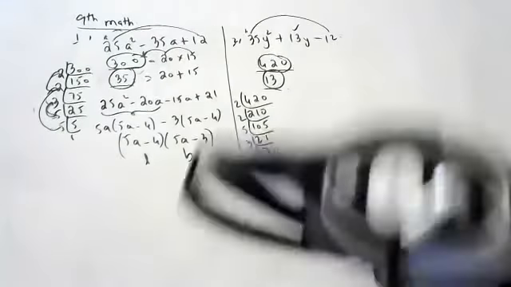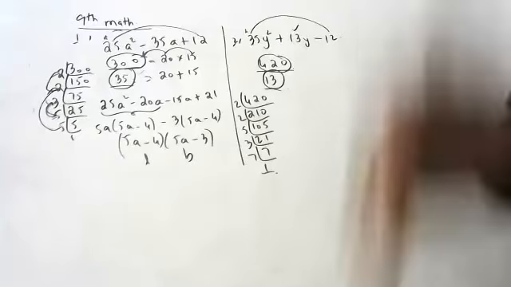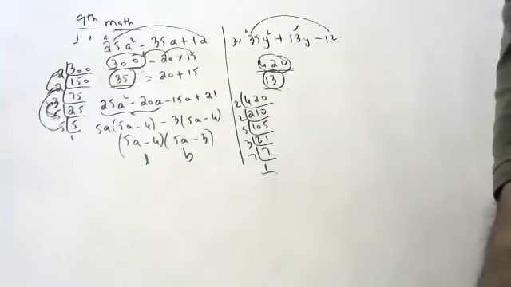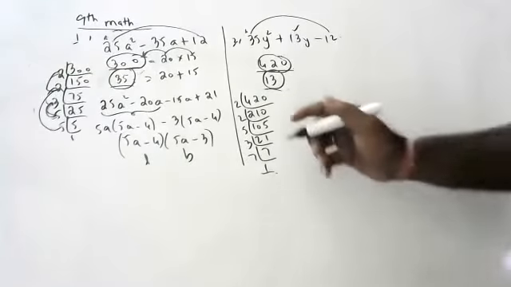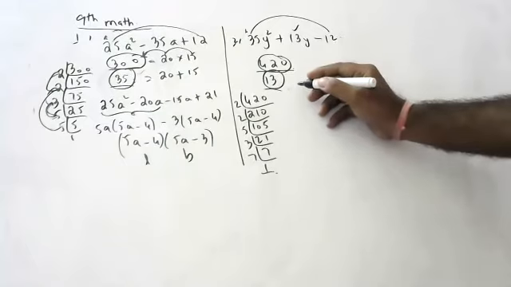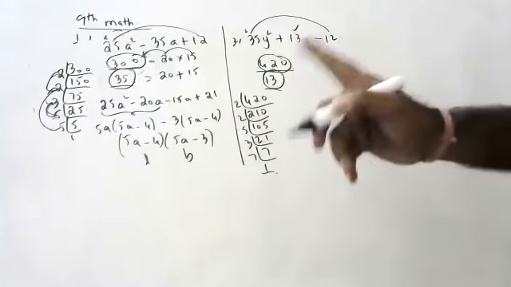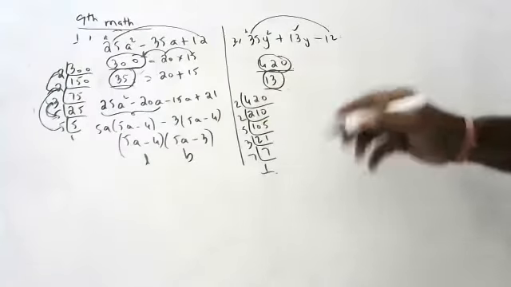Sir, I got 28 into 12. 25 and 12 is 300, sir. How much, Nana? 25 and 12, 25 minus 12 is 13. Correct.